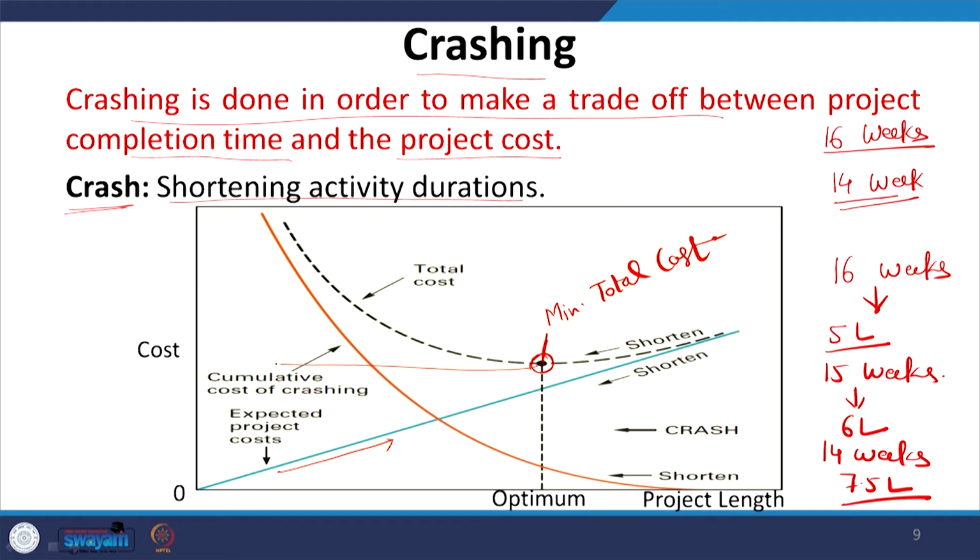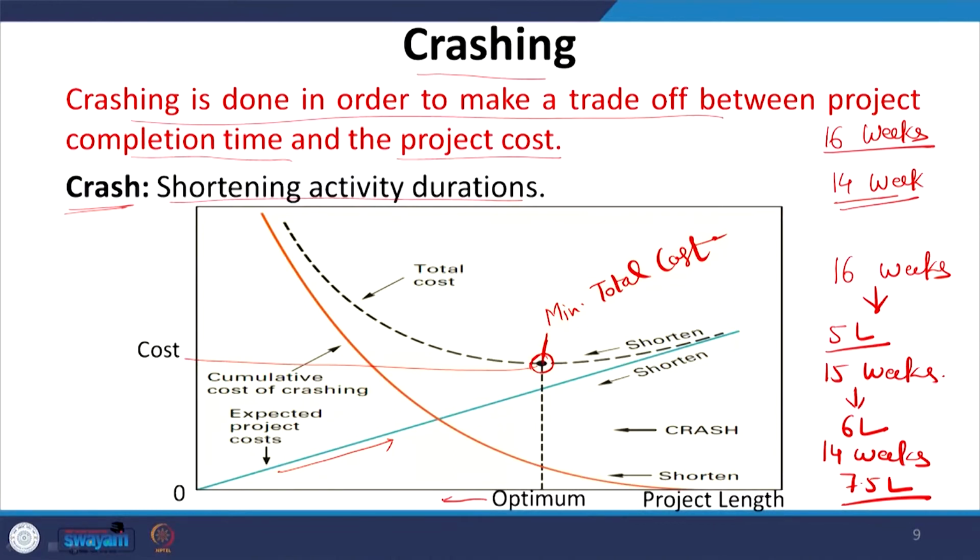This is giving you the minimum total cost, and this is the optimum project length. This is the optimum project duration. If you are going to reduce the project duration further, you will start increasing your total cost tremendously.